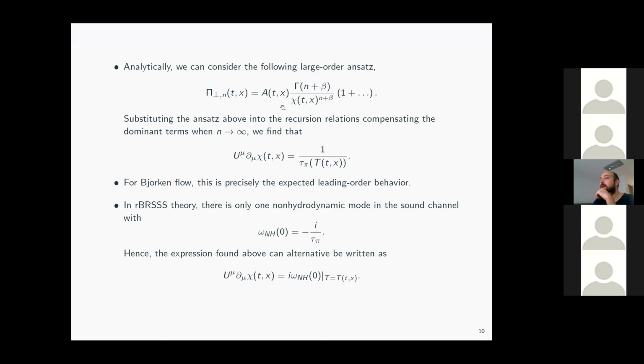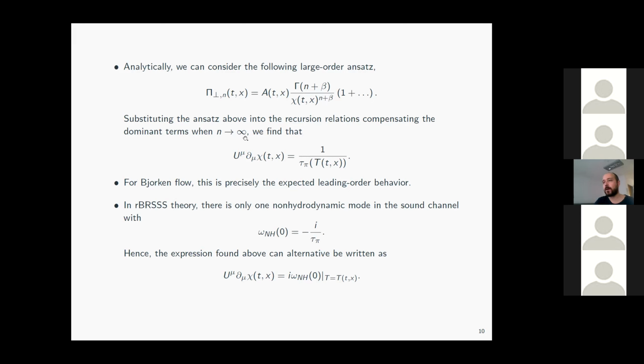Okay, so if we substitute this ansatz into the recursion relations and we compensate the dominant terms when n is taken to infinity, what we find is that this field chi here, which would control the location of the singularities in the Borel plane of the Borel transform of the gradient expansion, obeys this equation of motion. So the derivative of this object along the flow is given by the inverse of the relaxation time evaluated at the local temperature. Okay, it's a very simple equation.